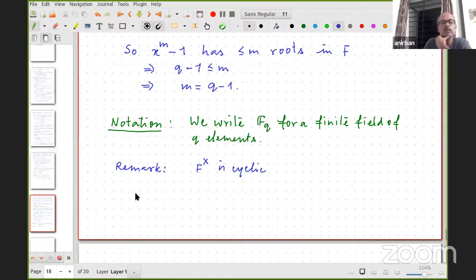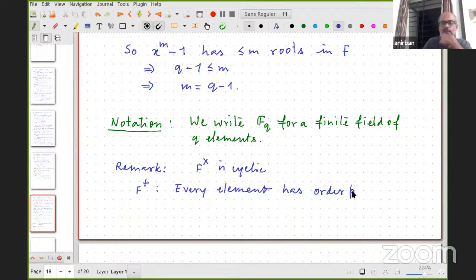So if you look at the additive group, then every element has order p.